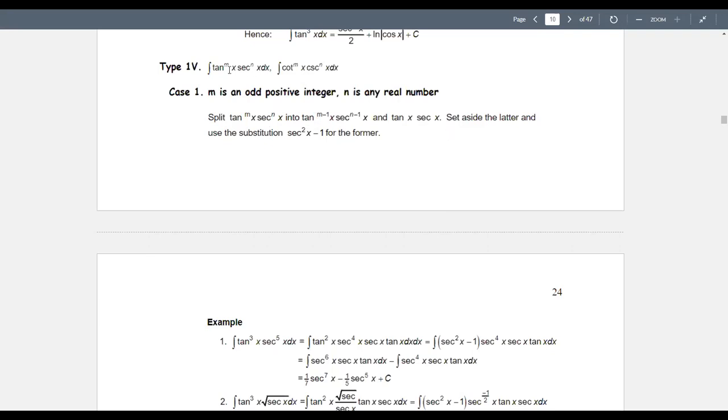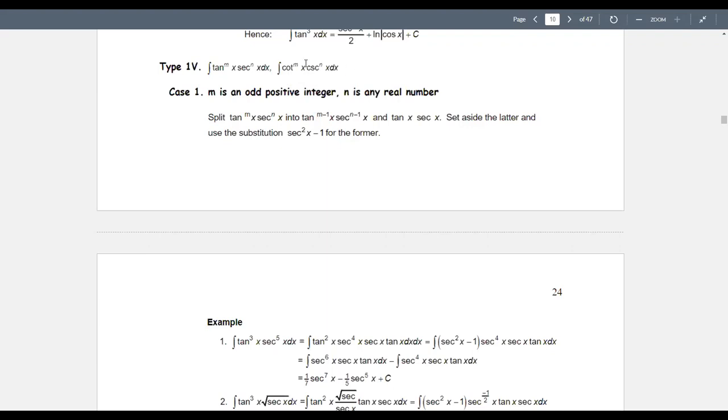Meaning, class, you will subtract 1 from each of the exponents of the tangent and the secant, and the tangent function and secant function which you took from it should be set aside. You will follow the same with the cotangent and the cosecant.